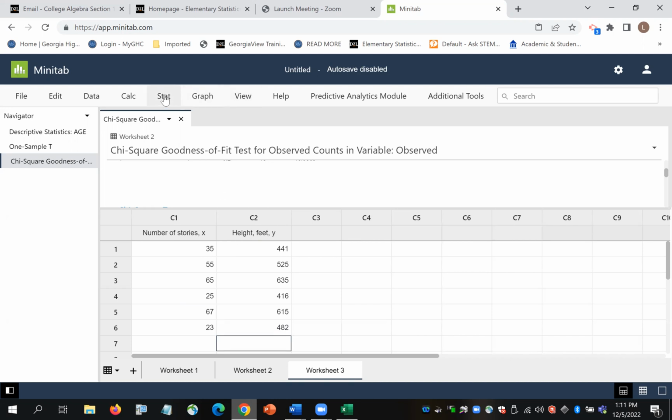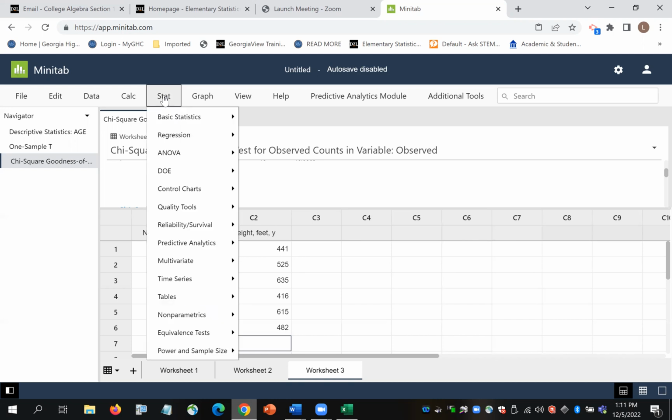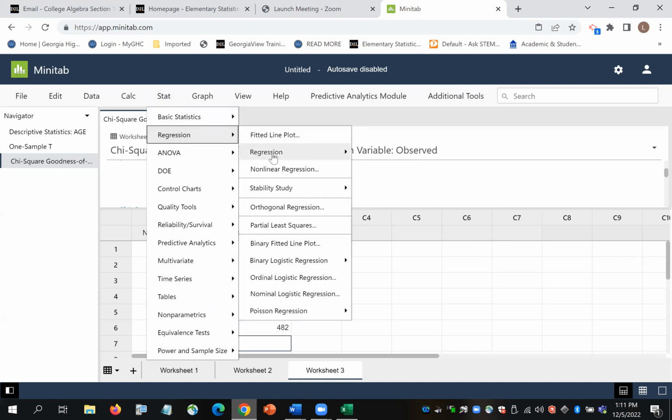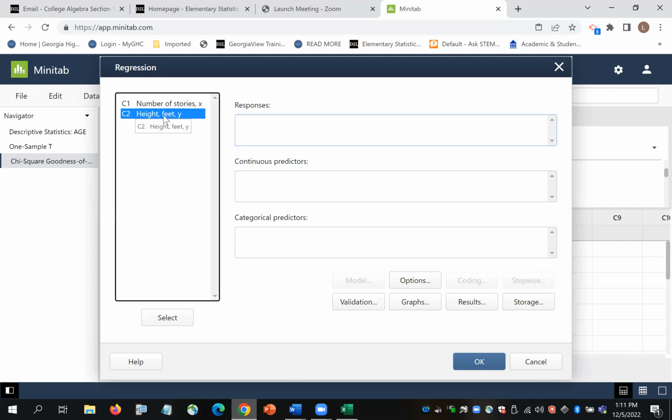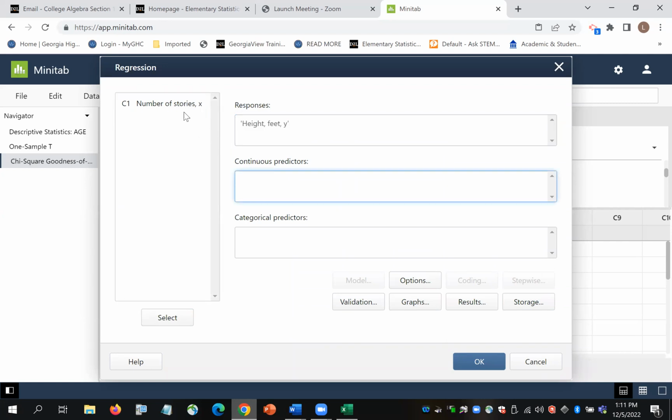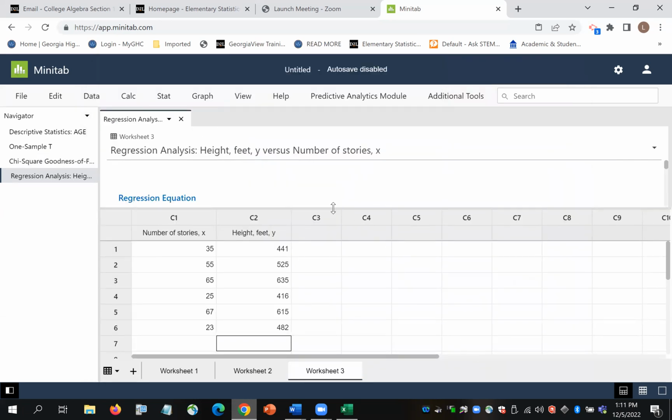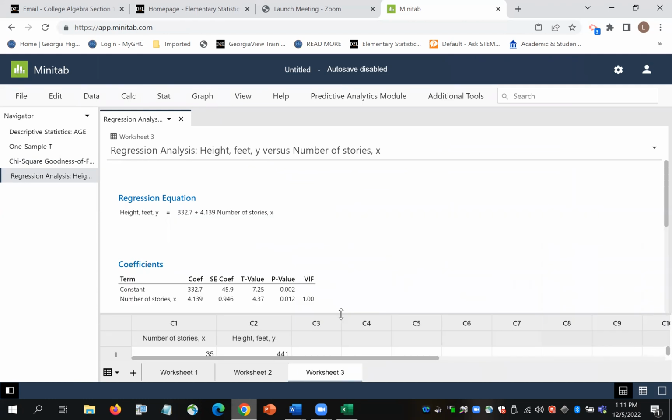Okay, so to get the p-value when you're conducting the hypothesis test, you go Stat, Regression, Regression, Fit Regression Model. The response is always the Y. The continuous predictor is X. And those results really give you three things that you need.